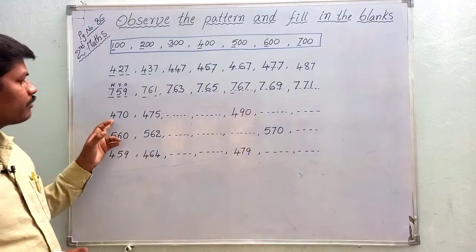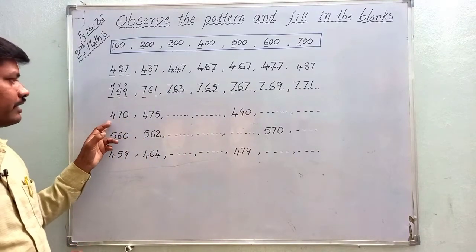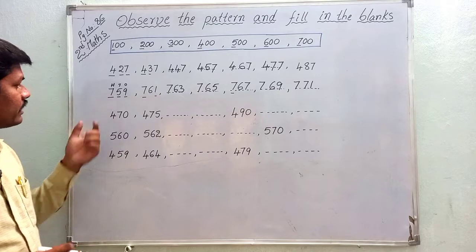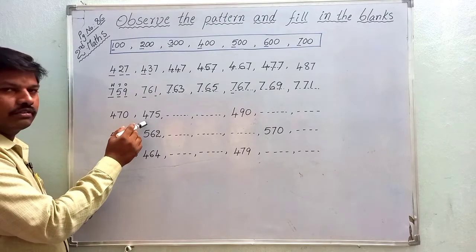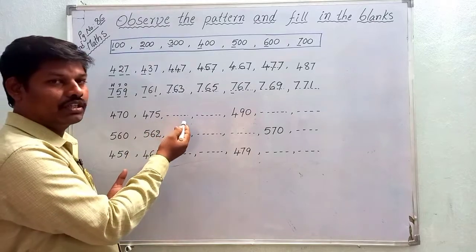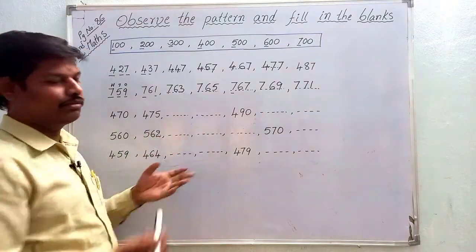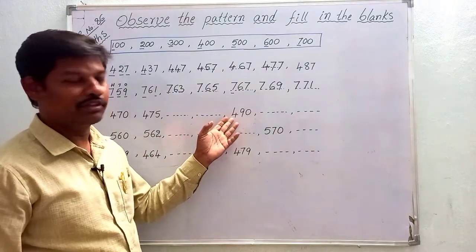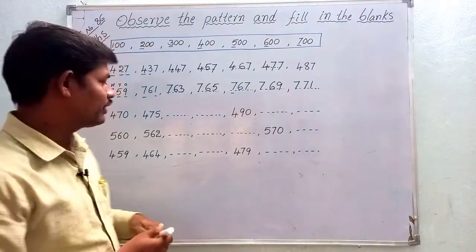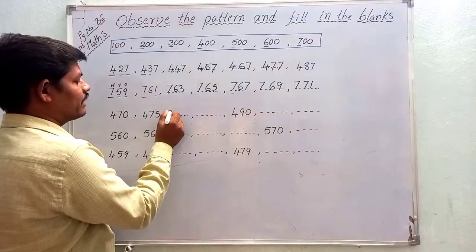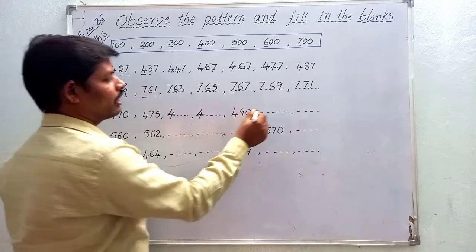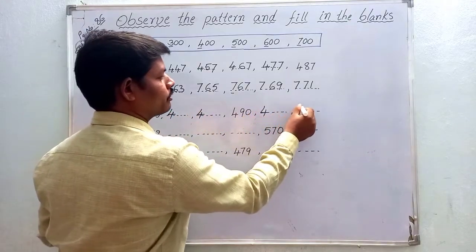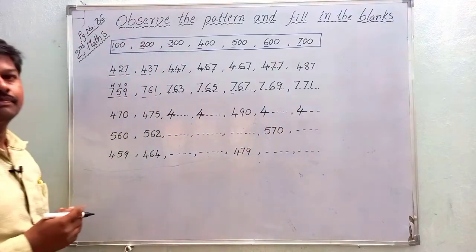First observe the hundreds place digit. What is the digit in hundreds place? 4. Here 4, here 4, here also 4, like that. You can write first the hundreds place digit 4 in all the blanks.